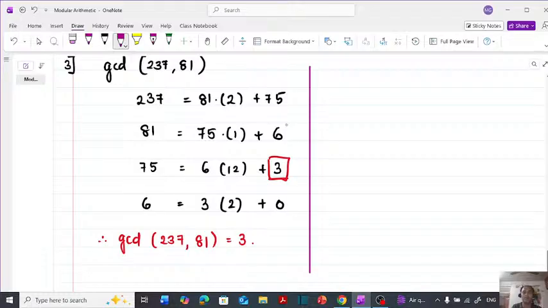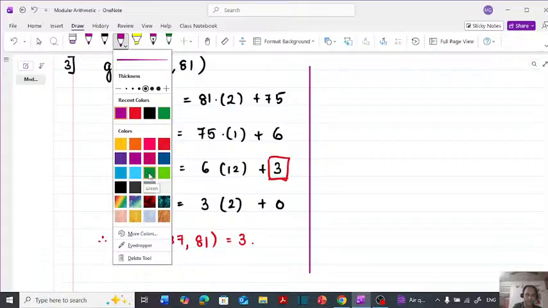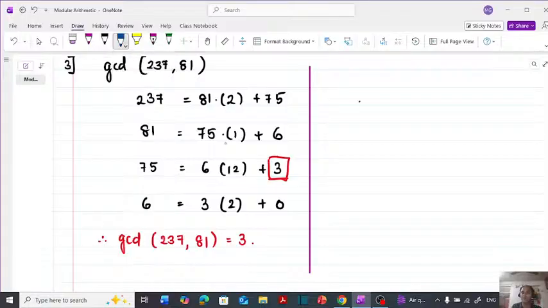Okay, so what happens here. So here this 75 can be written as 2, or I'll go in the reverse way. This 3, the GCD 3, can be written as from this step.